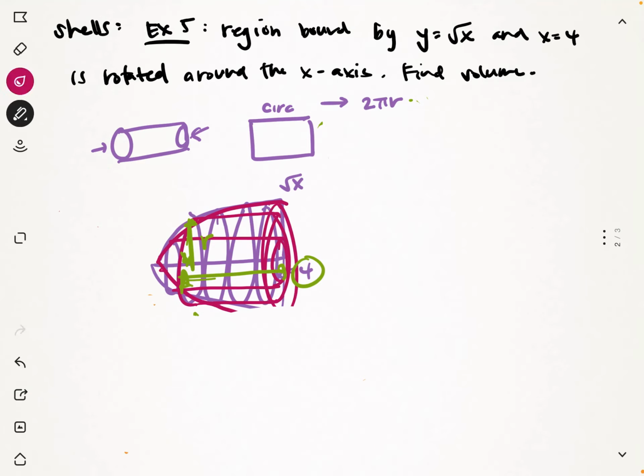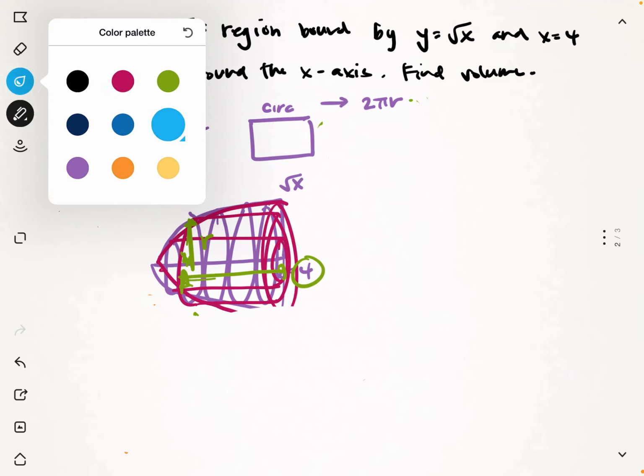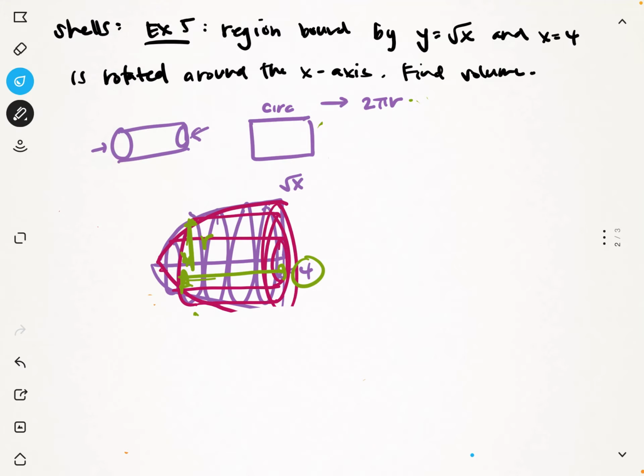Okay, so looking at this in terms of y, this makes it a little bit easier. For our y, we're going from 0 to 2 because this top point would be at 2. So we know our integral is going to be from 0 to 2.